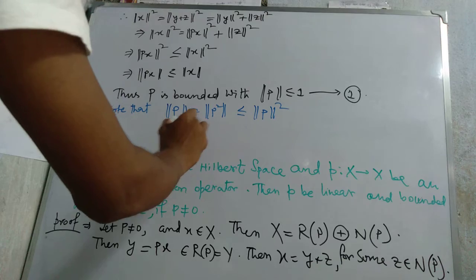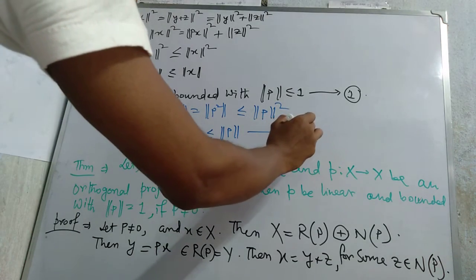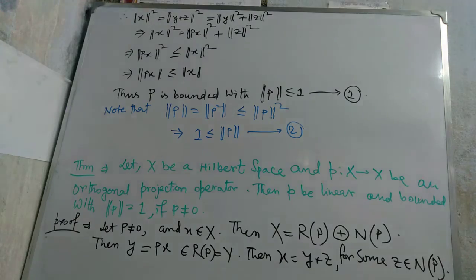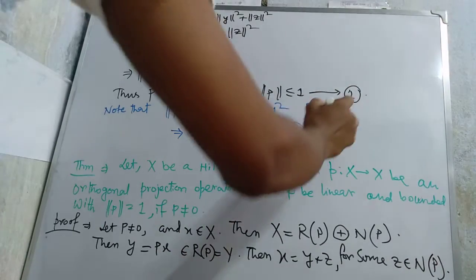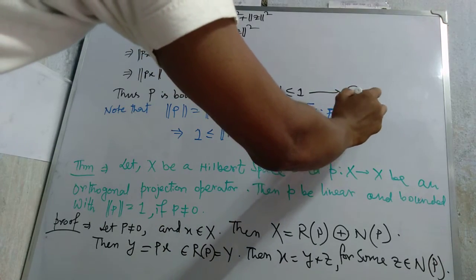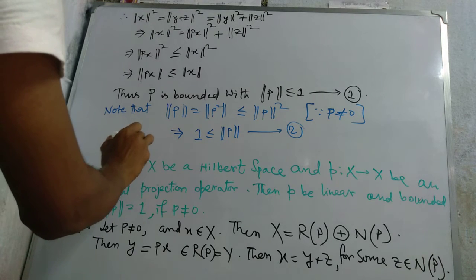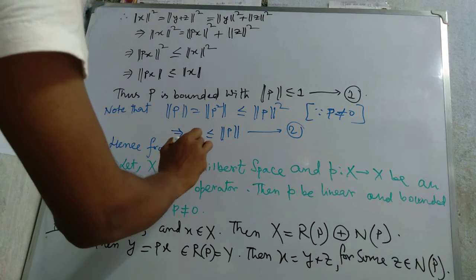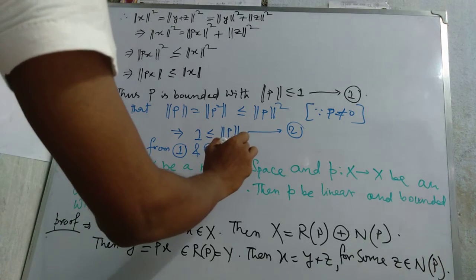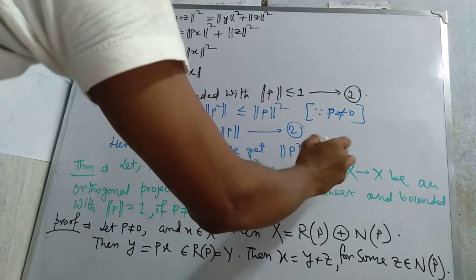This implies that 1 less than or equal to norm P. So from 1 and 2, since P not equal to 0, hence from 1 and 2 we get norm of P equal to 1.